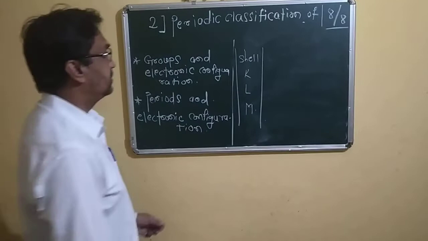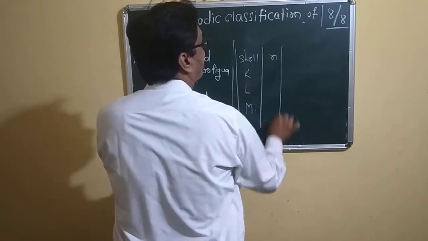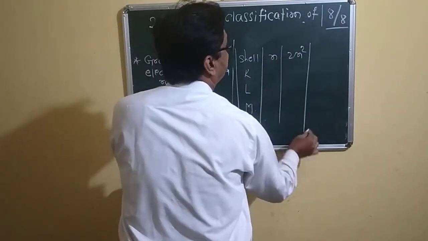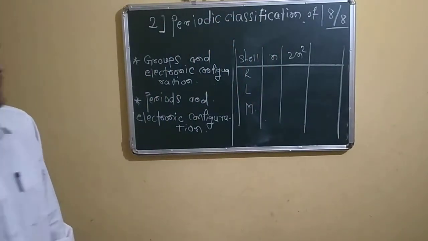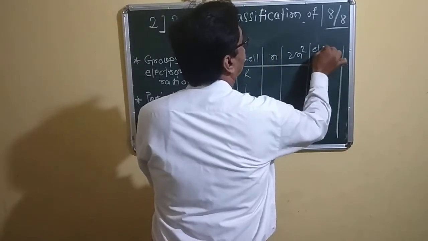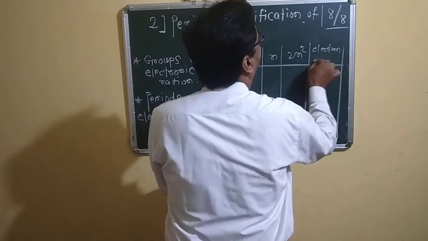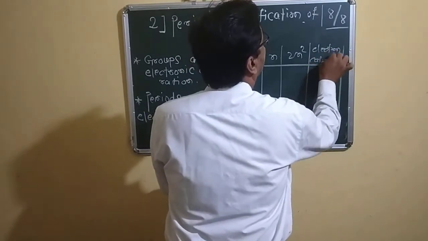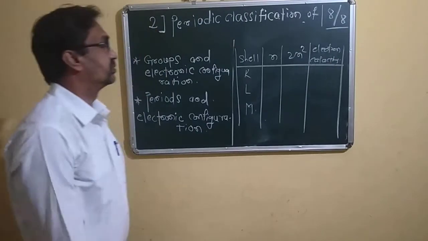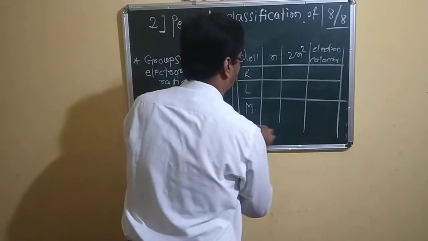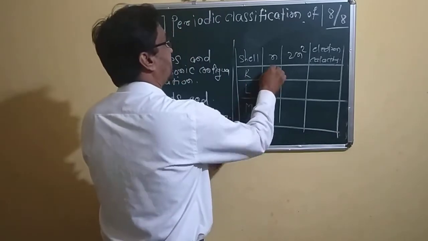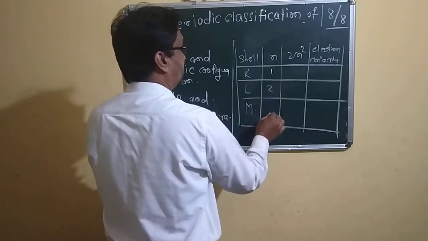After that, N, 2n square, and electron capacity. K shell, first shell, second shell, third shell.